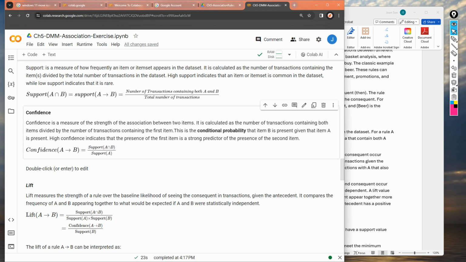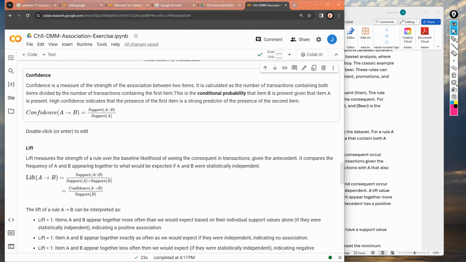This is like the conditional probability that item B is present given that item A is present. So high confidence indicates that the presence of the first item is a strong indicator of the presence of the second item. So that's confidence.